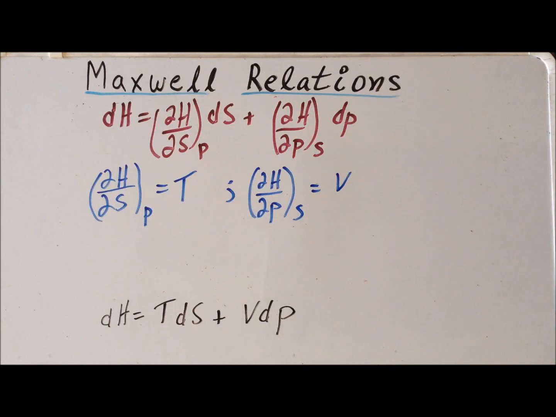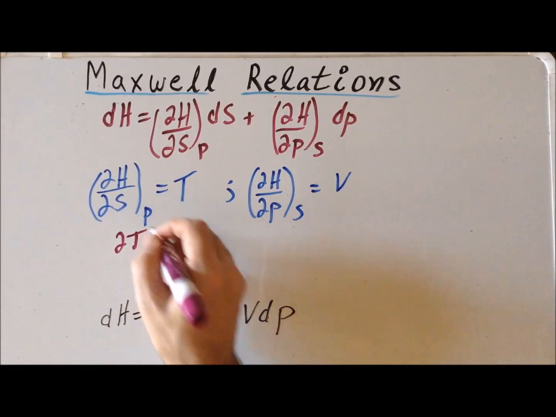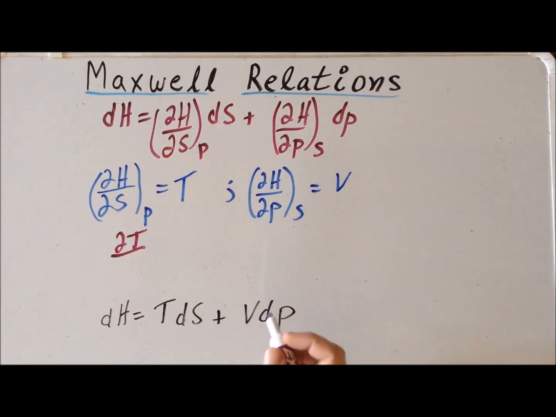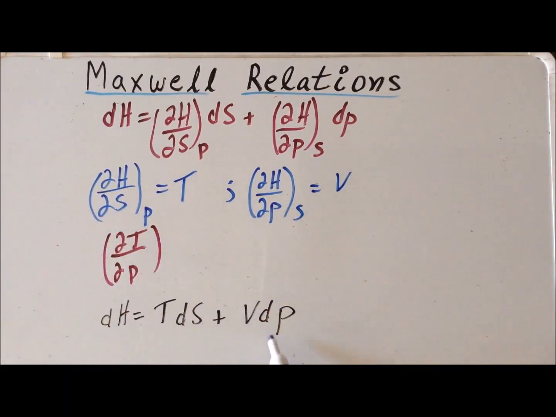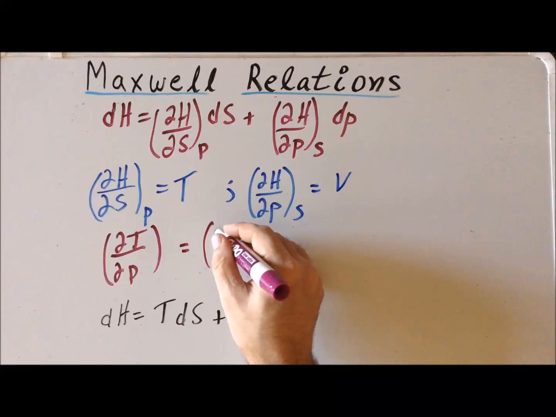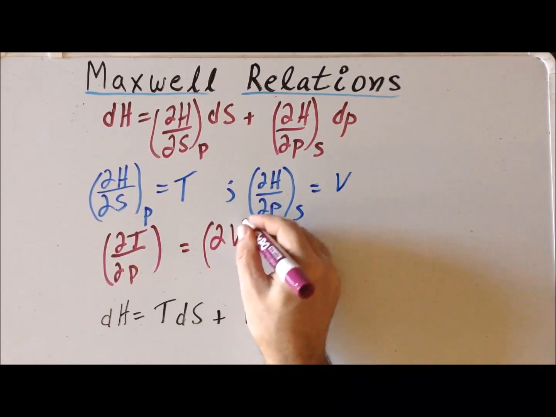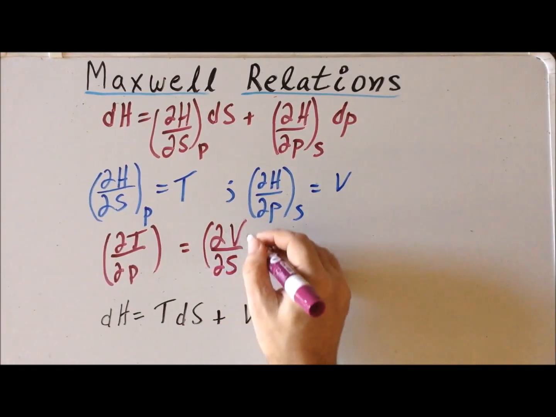Since this expression is exact, we know that a certain derivative of this variable has to be equal to the derivative of that variable. So the change in T with respect to P, taking the derivative of this function with respect to that variable, has to be equal to the derivative of this function with respect to the entropy.